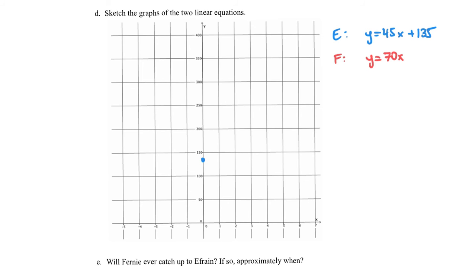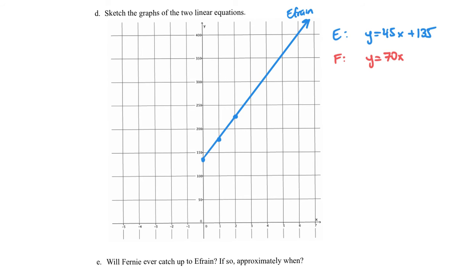So 135 plus 45 brings him to 180, which is going to be right about here. And then after that is going to be 225, which is going to be right about here. And once you have those estimated pretty well, then you can start drawing in the graph. Okay, so this is going to be Ephraim right here.